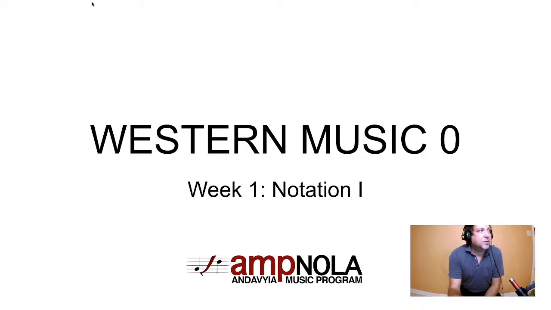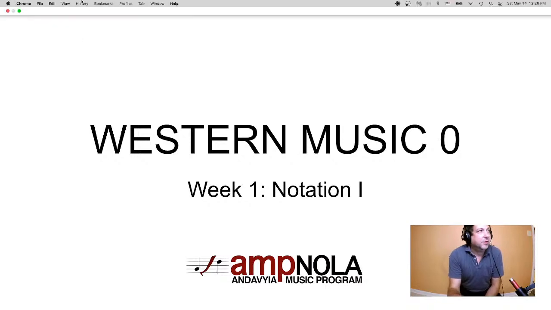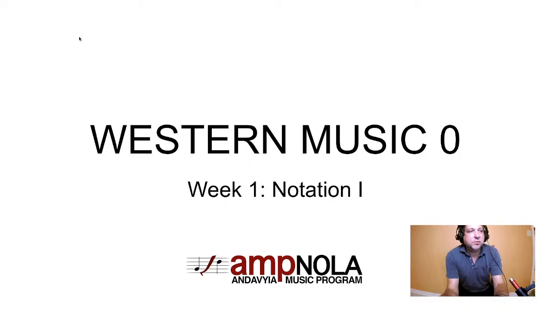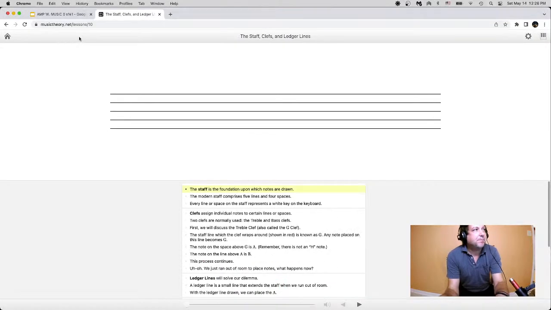This course is actually going to be powered by something called musictheory.net. And all we're going to do is go through all of these lessons and talk about how Western music works. Towards the end of this course, we're going to do some exercises of sight reading and all of that sort of stuff.